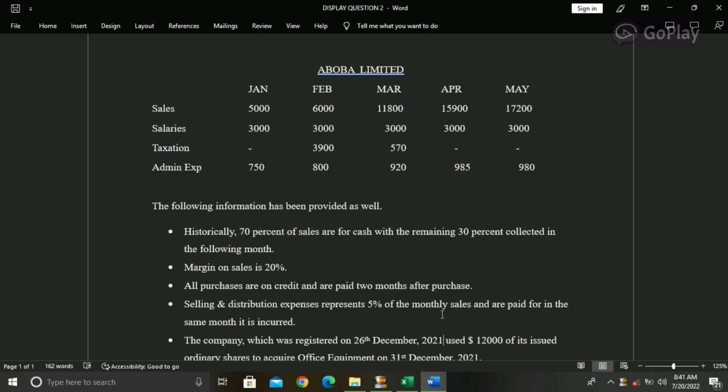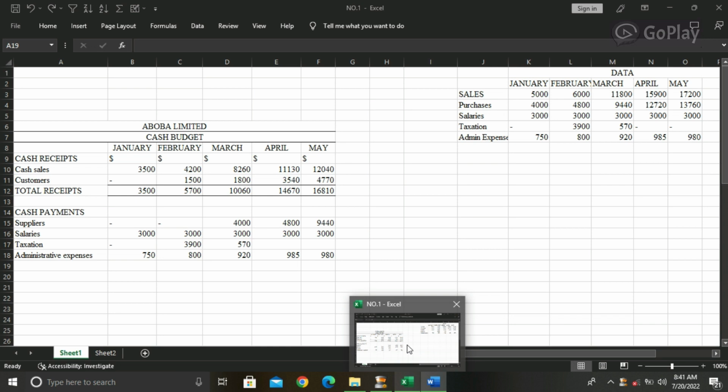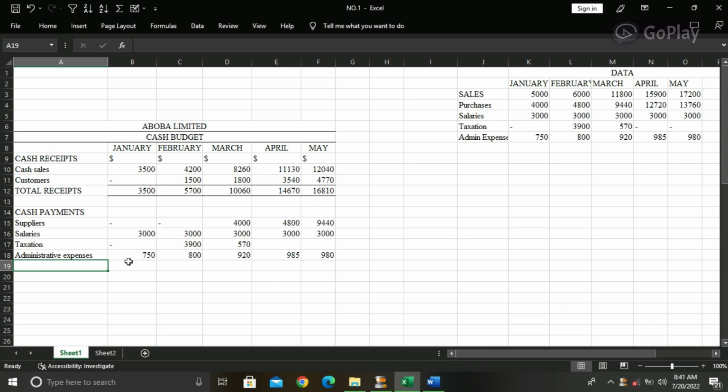Selling and distribution expenses represent 5% of the month's sales and are paid for in the same month it is incurred. So there's another payment to be made, which is selling and distribution expenses. So coming back to our Excel, we have selling and distribution expenses.